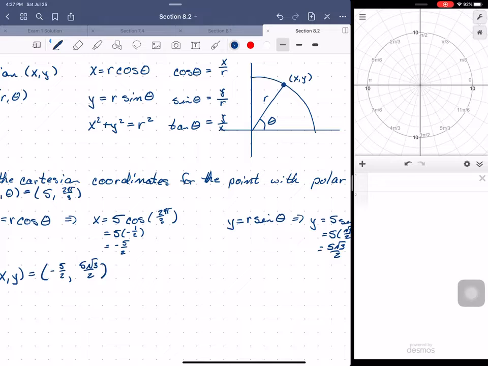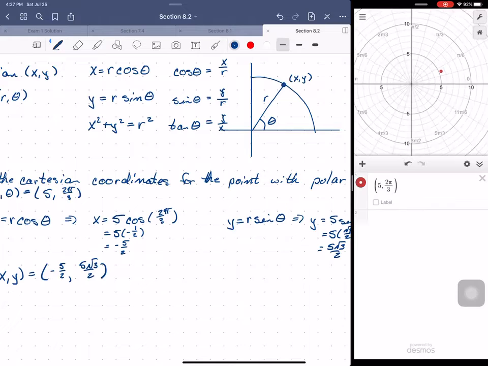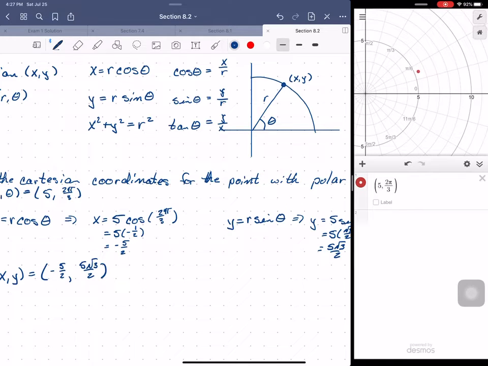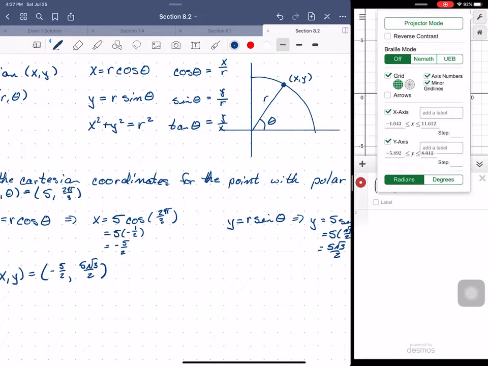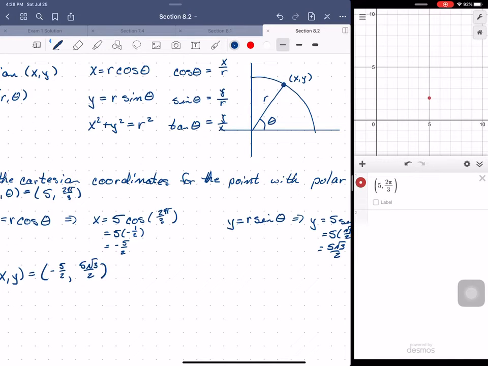But if I just type in the point 5, 2 pi over 3, Desmos does not give me what I want, because that is not a point on a circle with radius 5. If, however, I go back to a polar grid or a rectangular grid, we can see that that is definitely on x equals 5. Desmos always reads ordered pairs as xy's.